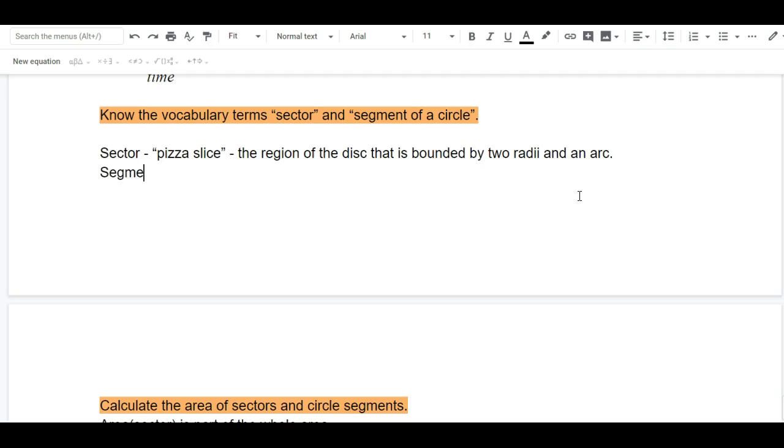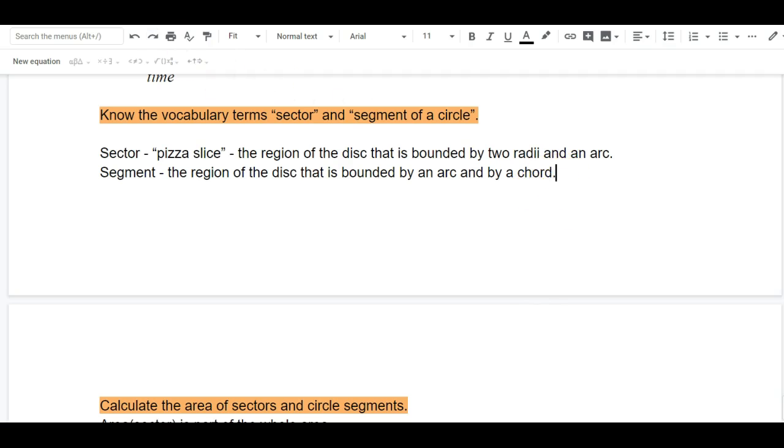And then for a segment, the segment is the region of the disk that is bounded by an arc and by a chord. Remember, a chord is a line segment that begins and ends on the circle and goes through the interior of the circle.